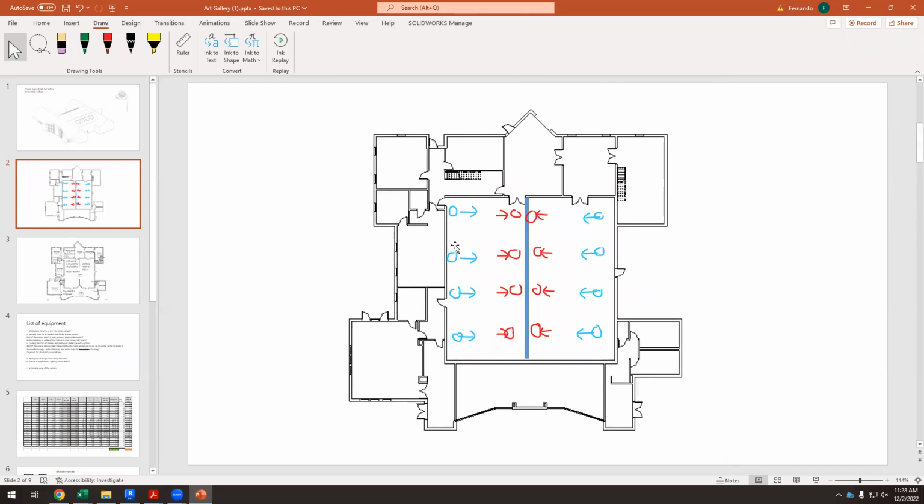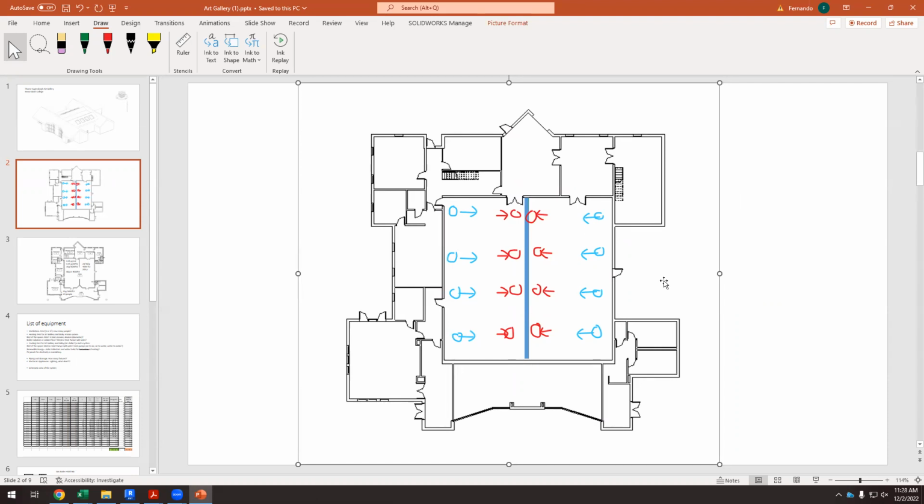Get the same number of supply and the same number of return diffusers. Now, what is the CFM in each diffuser? We're in the gallery.